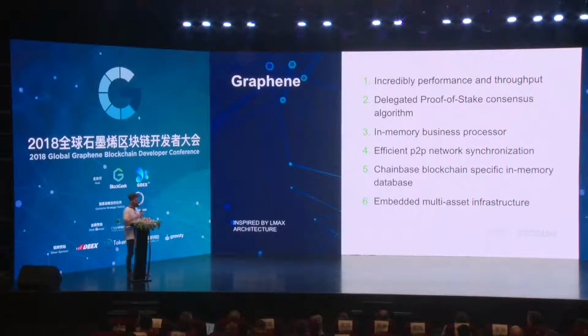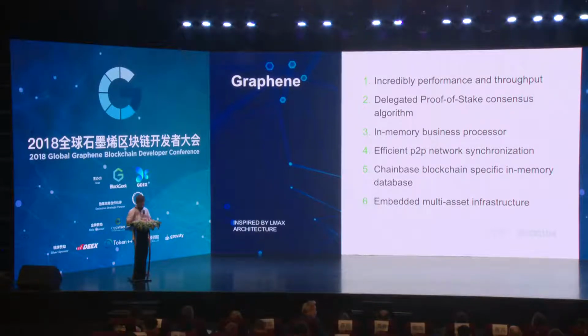I would say that we are really lucky that we have the Graphene framework, and that we chose it for our blockchains. Graphene is really fast, especially compared to other blockchain protocols. Graphene has outstanding performance because of its special consensus algorithm and its design of an in-memory business processor, which was taken from LMAX.